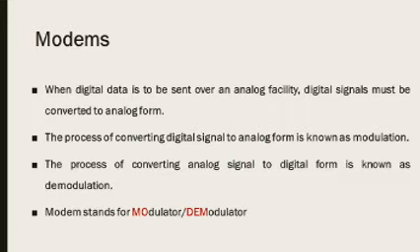This modem is also regarded as a device which is used to carry out this process of modulation and demodulation. Hence when an analog facility is used for data communication between two digital devices, two modems are required, one near each device.